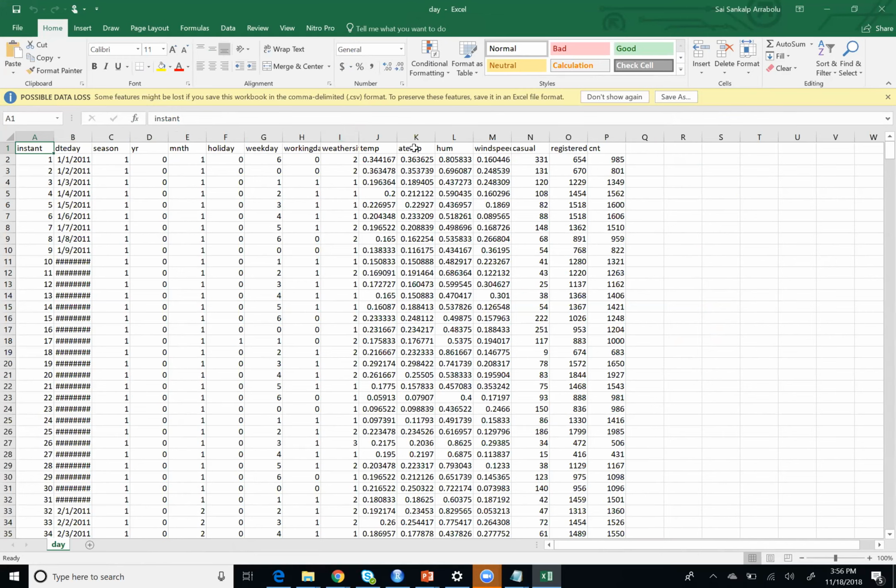You can go read what temp means. I'm not 100% sure, I think it's another metric of temperature, what humidity is, what wind speed is, and this is what we need to predict, the count of the number of people who come for the bike. So we'll use a linear regression model with all these parameters to predict the number of bikes. This is a regression problem.